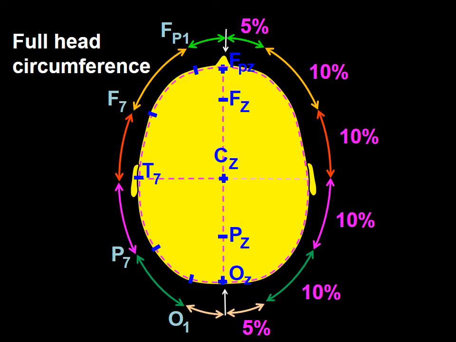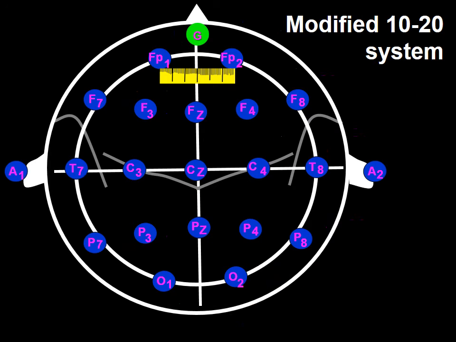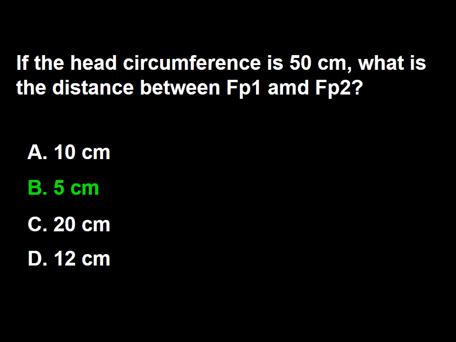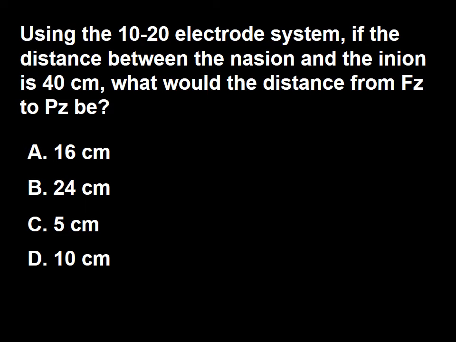But if we consider the full head, the distance between FPz and FP1 is 5%. So the distance between FP1 and FP2 is 10% of the full head circumference. So 10% of 50 centimeters is 5 centimeters. So the answer to this question is B, 5 centimeters.